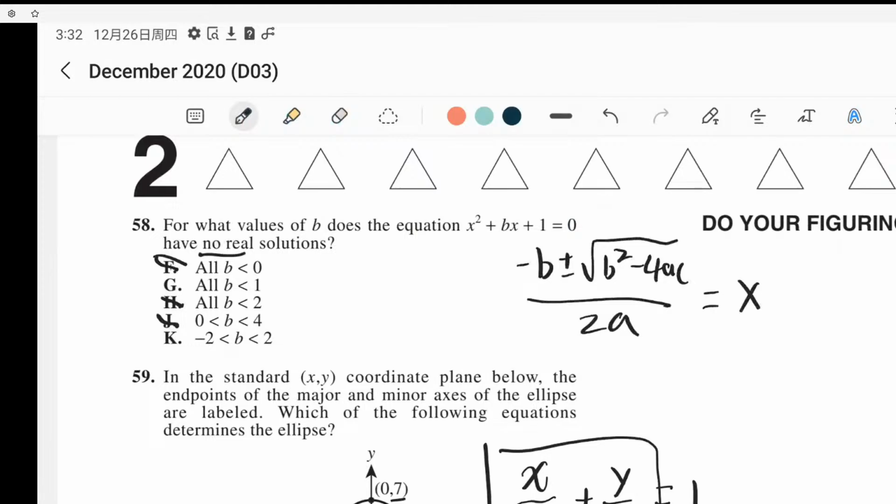Checking for if the answer is real or not, we could consider the square root of b squared minus 4ac. We're given a and c right here, and we need to find b. So this will be b squared minus 4.